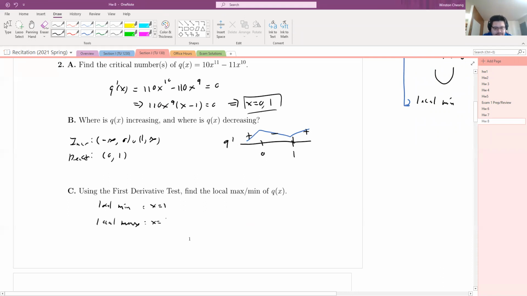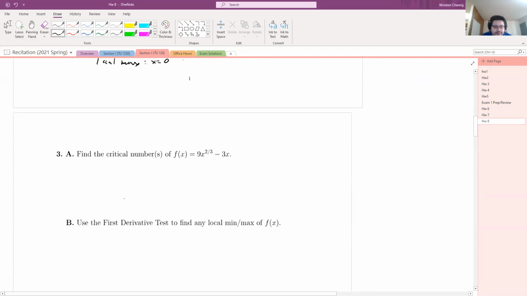Local max is occurring at x is equal to 0. That's what the first derivative test would tell us. Does it make sense? Any questions? No questions. Okay. All right, let's keep going.